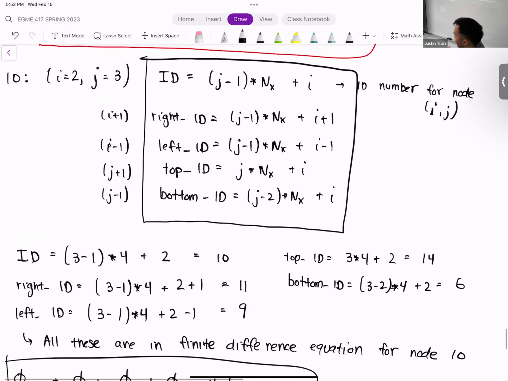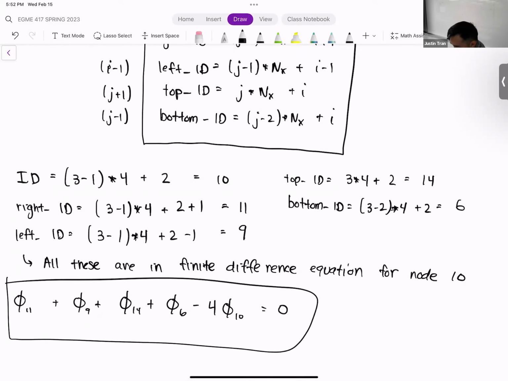So we're going to have to do it more similar to node 10. Later on in the class today, when we actually start writing the code, you'll see that process. Any questions on this example here? Okay. And so that's how we apply the finite difference formula to the interior nodes.